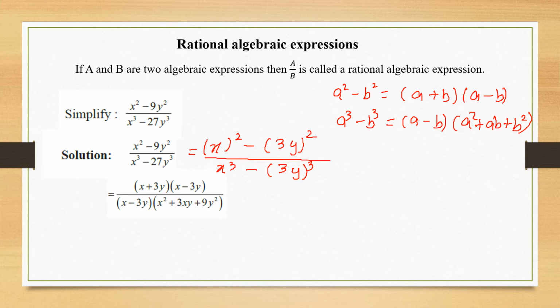Now x minus 3y and x minus 3y get cancelled, and finally you are left with x plus 3y upon x squared plus 3xy plus 9y squared. This is the solution of the rational algebraic expression.